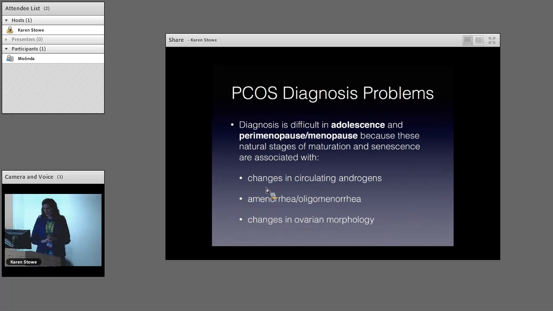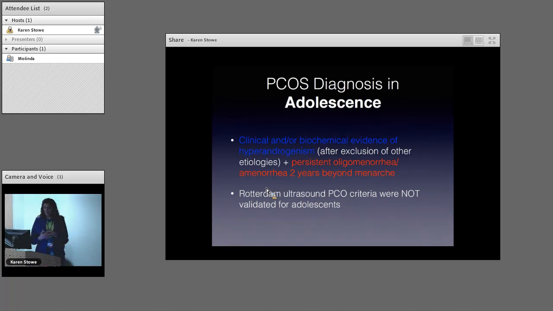So as I mentioned, problems with the diagnosis of PCOS is that different phenotypes have different risks and comorbidity profiles. PCOS patients who have more of a hyperandrogenism phenotype are more highly associated with metabolic abnormalities, insulin resistance, cardiovascular disease, and those with irregular menses and PCO morphology on ultrasound are more highly associated with infertility.